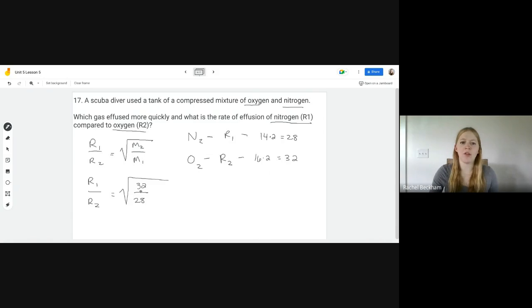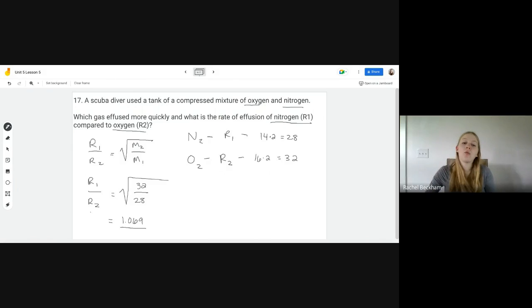So we need to do the square root of 32 divided by 28, which you can just do on an online calculator. The square root of 32 divided by 28, and I get 1.069. So we don't know R1 or R2, but we know that overall that divided by that is 1.069.